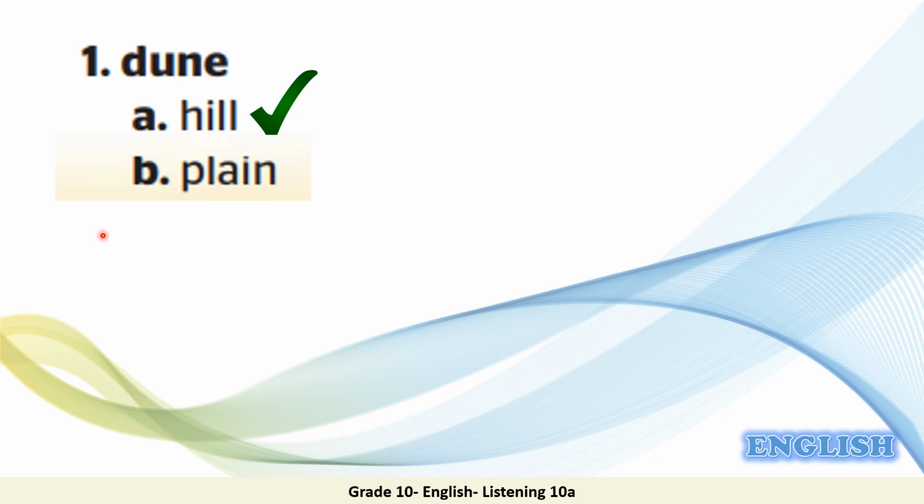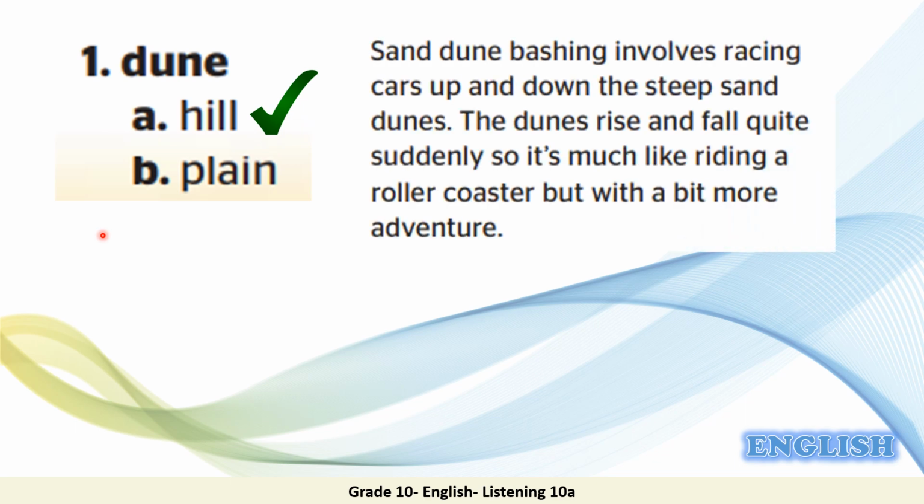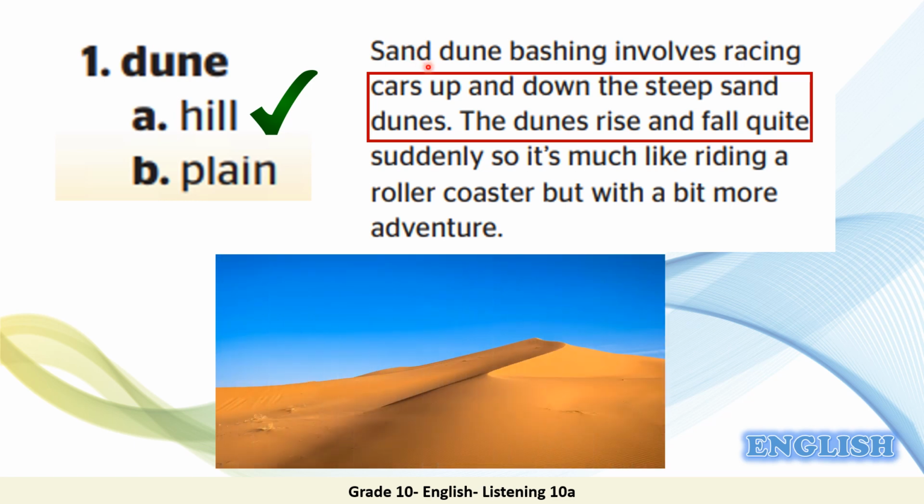Let's look at the extract. Where does it imply that this is a hill? Cars will go up and down the steep sand dunes. So, hill is a place where cars will go up and down.